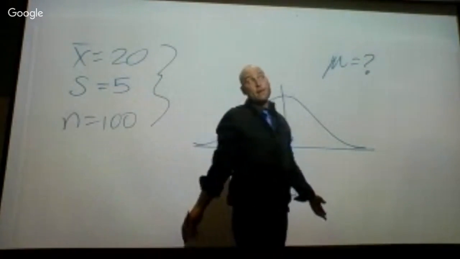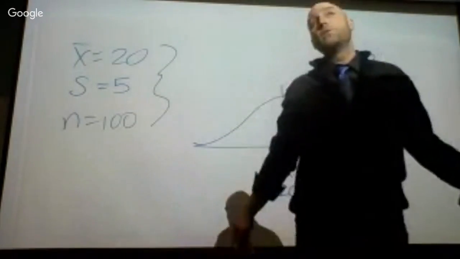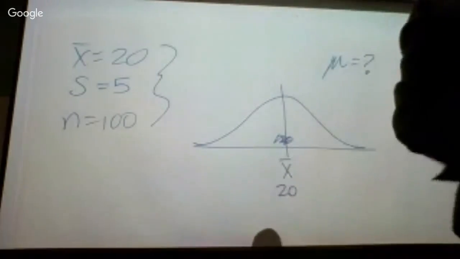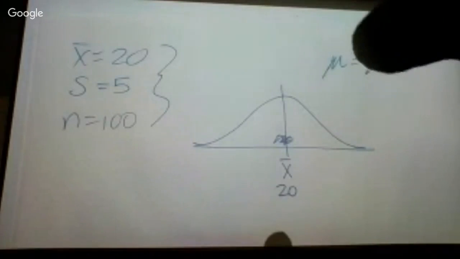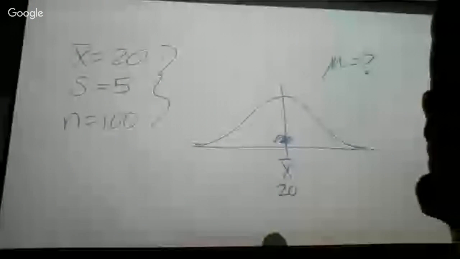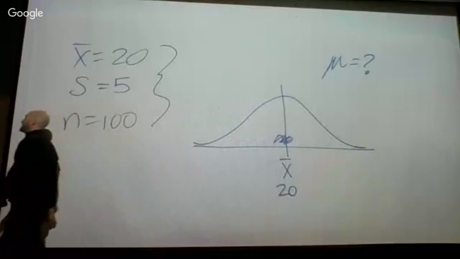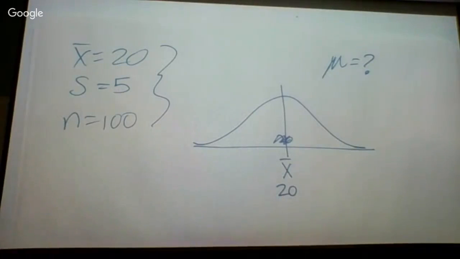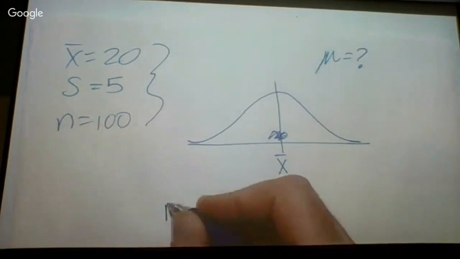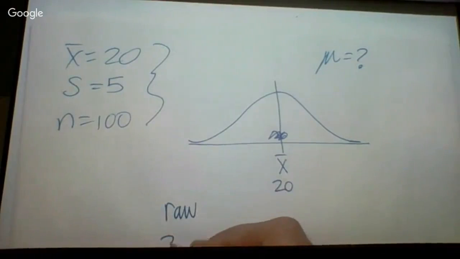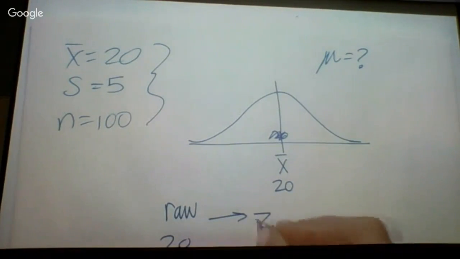It's not necessarily true that these 100 people are exactly the same as all the steady smokers in the world, but we're going to try to make a generalization about the population given this sample. We're going to take a raw score, which is 20, and convert it to a z.